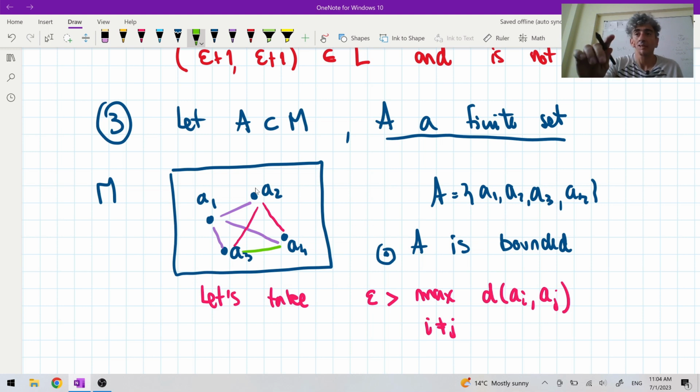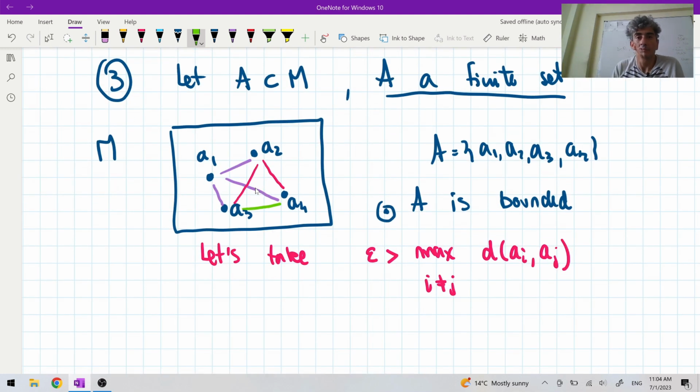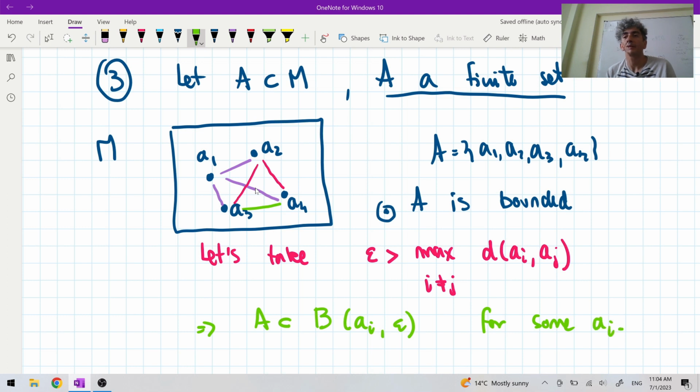And then A is going to be included in that ball centered at some A sub i. So if A is a finite set, then it is a bounded set.